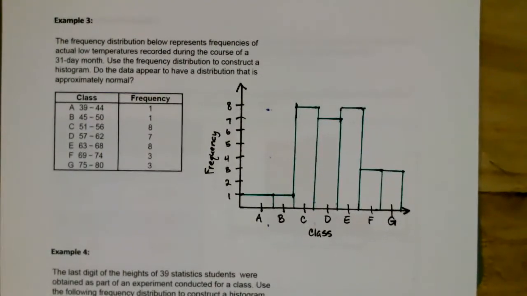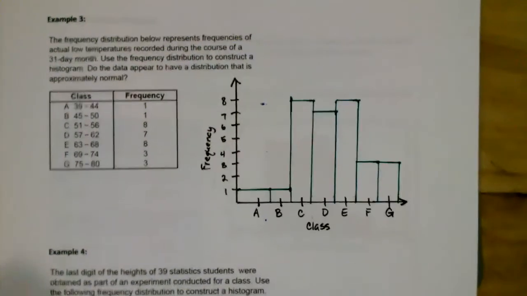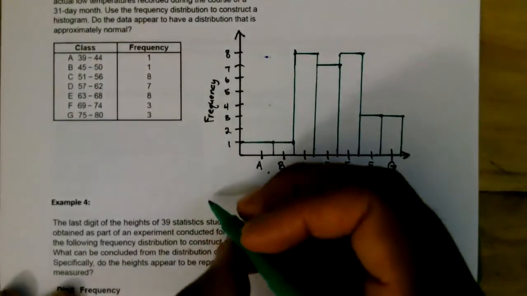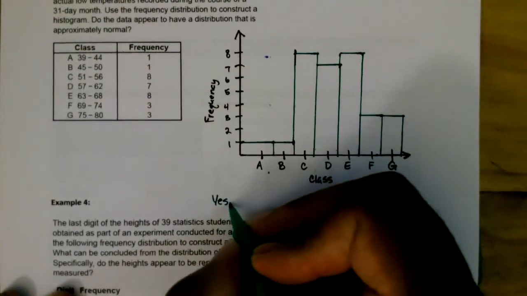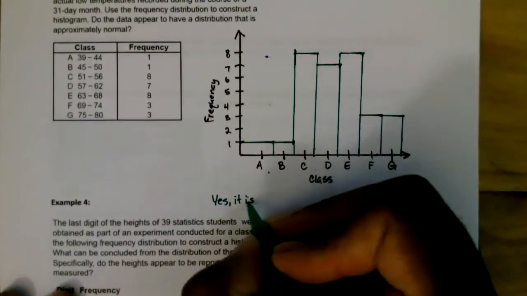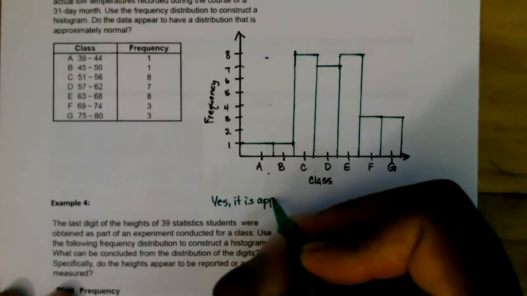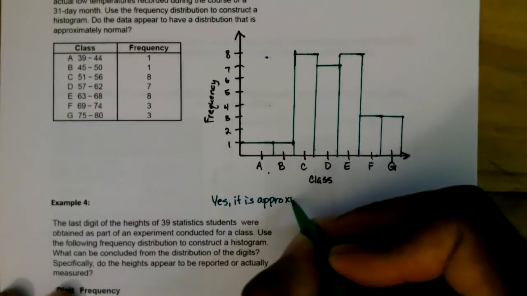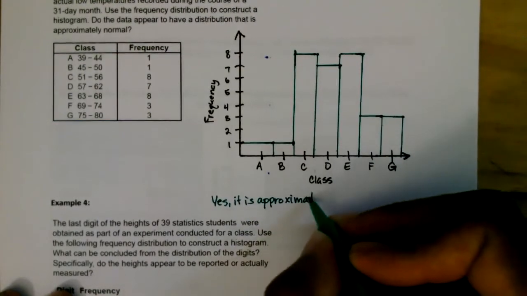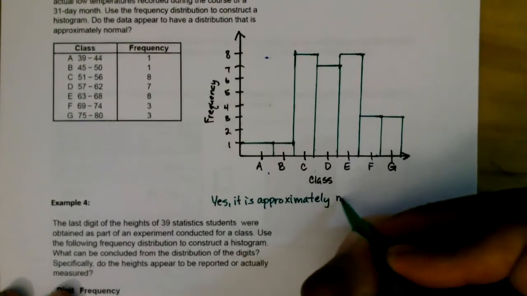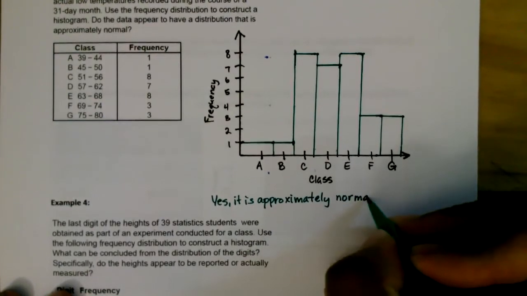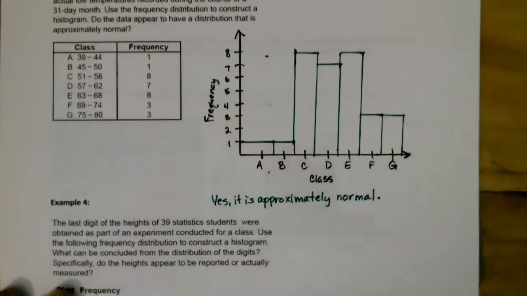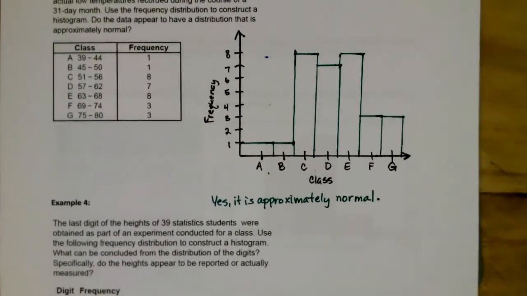So this would be approximately a distribution that is normal. So yes, it is approximately normal.